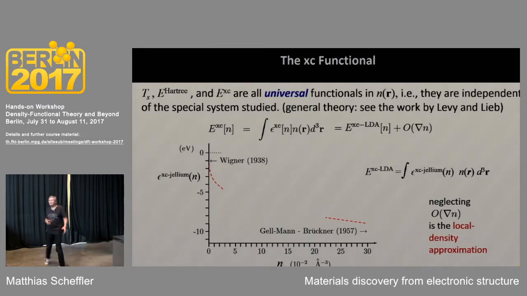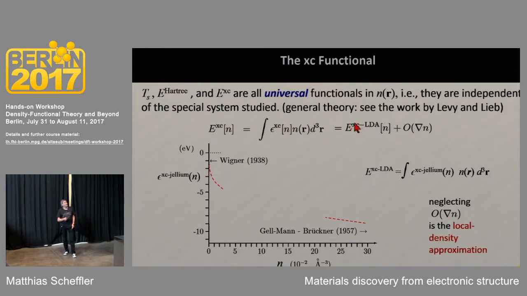Things have been extremely successful, and the way it is very often written down is realizing that this unknown exchange correlation functional can be written, and this is still correct, as the exchange correlation energy per particle times the density, integrated over R. In the spirit of a Taylor expansion, and I'm simplifying a little bit, you can say this should be the exchange part for a constant density, and then some corrections which depend on nabla of the density or nabla square of the density and so on.